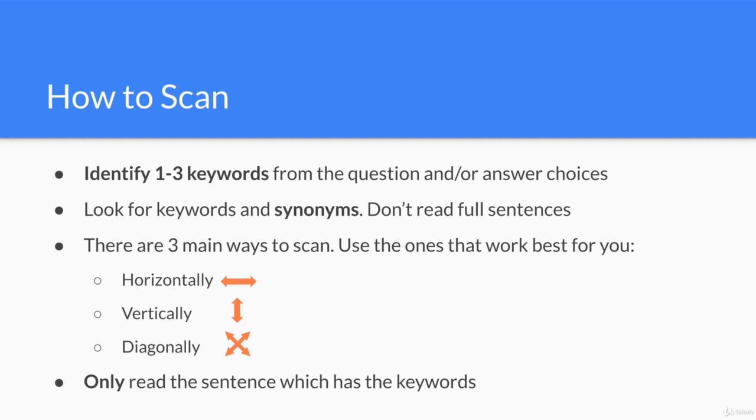On the other hand, if the sentence that contains the keyword or the synonym that you're looking for somehow connects back to the previous sentence, only then read the previous sentence. But otherwise, you should only be reading that one sentence that has the keywords, unless the sentence indicates that you need to read the previous sentence or the one after it in order to understand what the meaning is. So you'll see more examples of exactly how to do this very soon as well. This is just a basic overview for you.